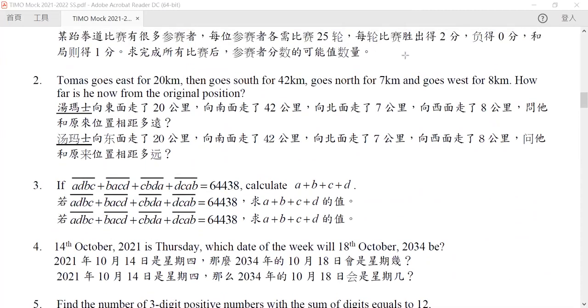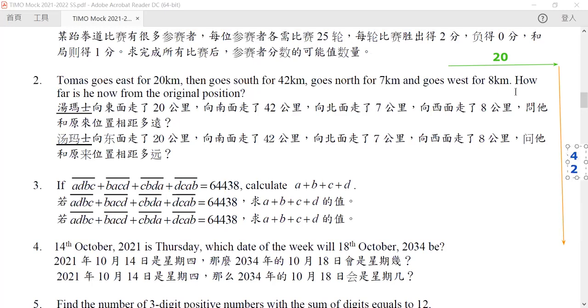Now, in here, first of all, it goes east 20 kilometers, goes east this way, 20. And then it goes to the south for 42.